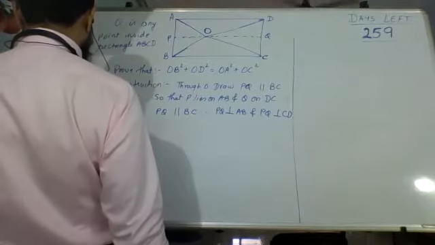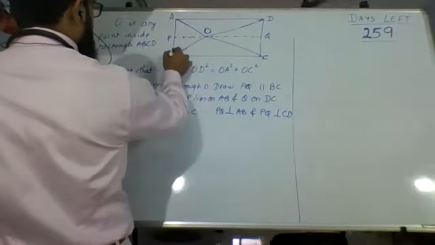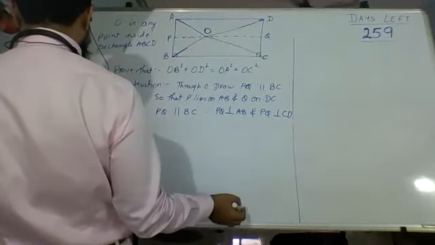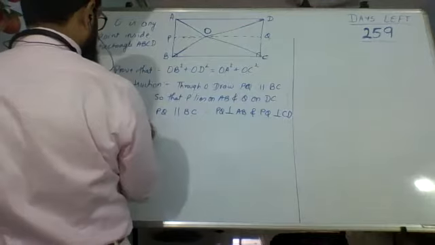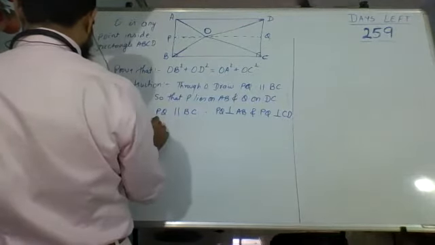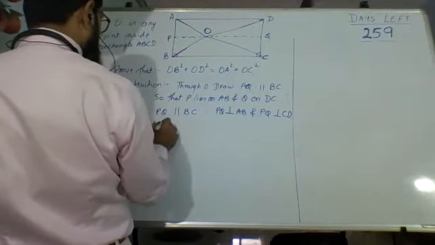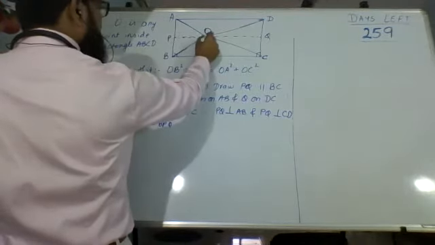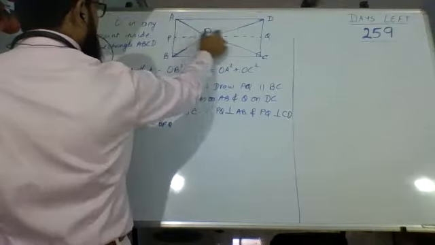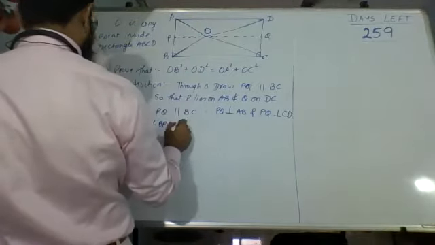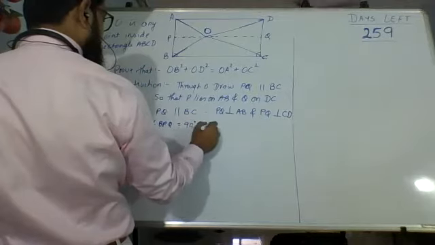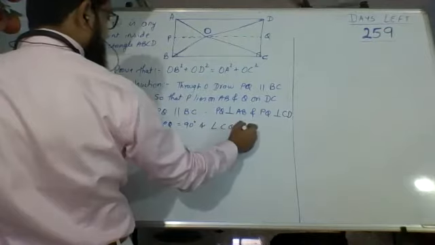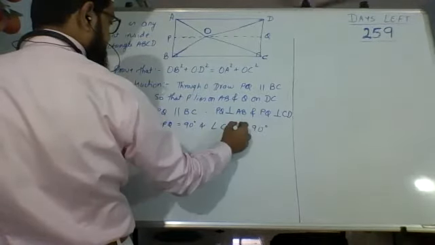Okay, angle B, this is 90 degrees. This is also 90 degrees because it is a rectangle. Therefore, we have angle BPQ, or BPO, whatever you can say, equals 90 degrees, and angle CQP, or CQO, also equals 90 degrees.